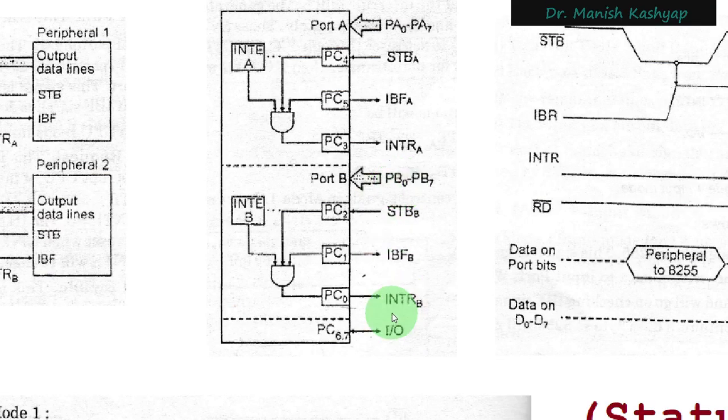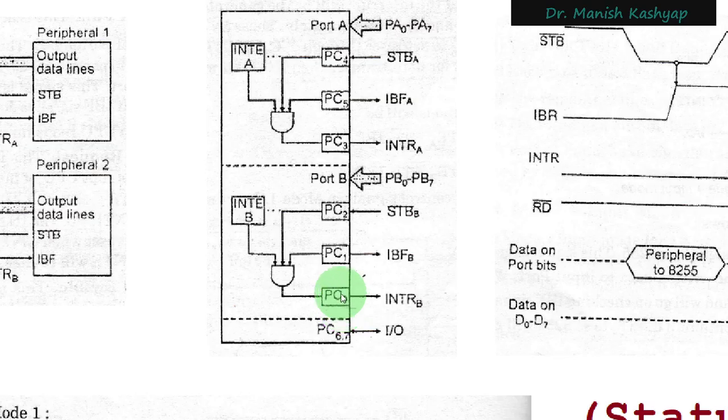Internally, you see that bits 0, 1, and 2 of port C will be used for this particular purpose. And similarly for port A, bits 3, 4, and 5 of this port C will be used. So port C is of 8 bits, and you are using 6 bits for the purpose of handshaking.